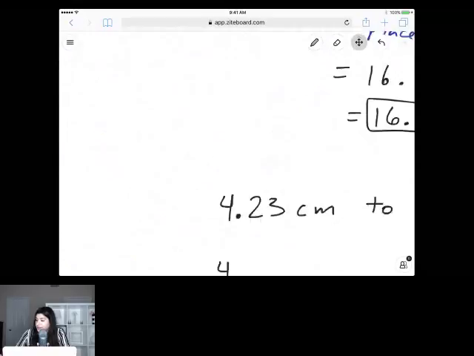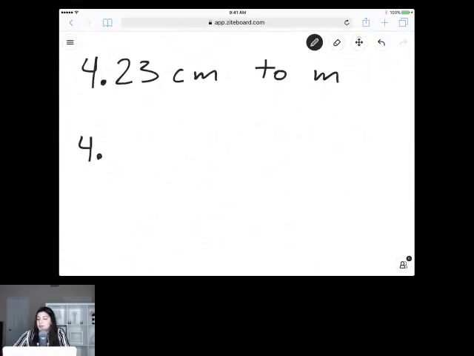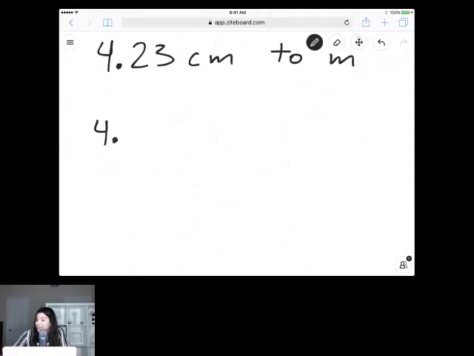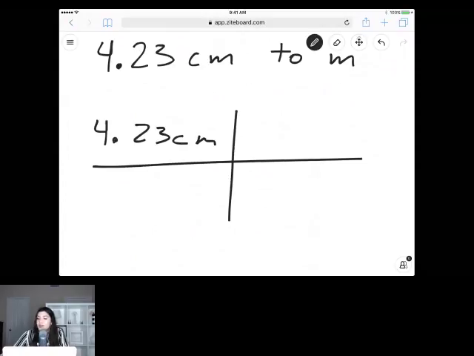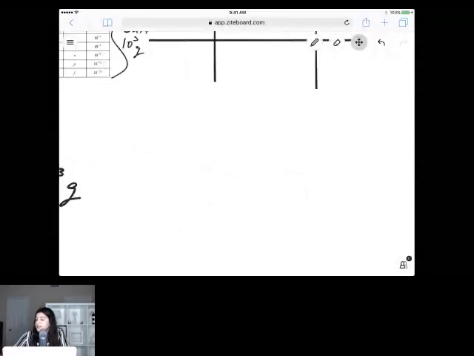All right, guys, I'm going to go back to this question. 4.23 centimeters to meters. Gabby, don't worry. Okay, so 4.23 centimeters, and we're converting to meters. Once again, aligning our centimeters on the bottom and meters on top. We said that our base unit is the one with 1 letter, so meters is that one in this case, and that's 10 to the, let's see what it is, centi.